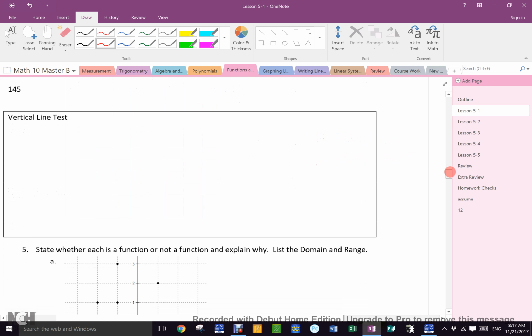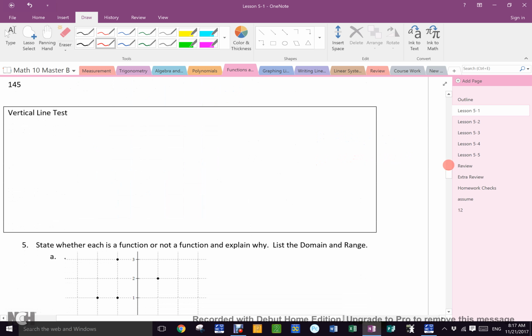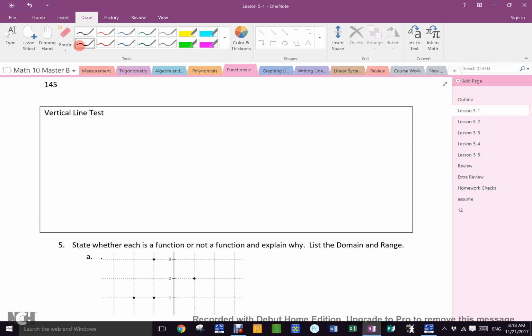So turn the page over. We've just got to do a couple more things with this, and then you're going to do some work. The vertical line test. The vertical line test tells you if you have a function or a relation.